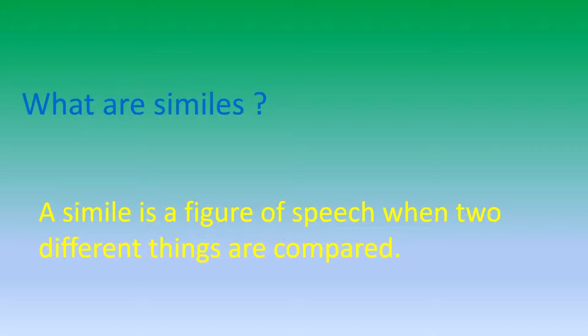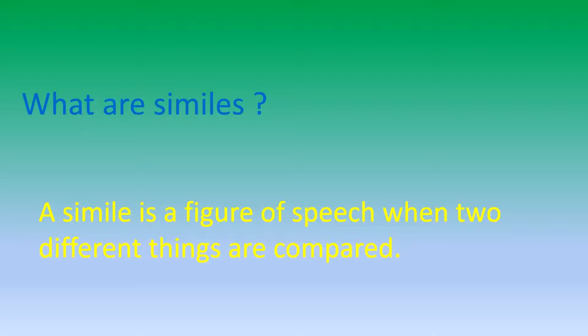Suppose you say Rohan is very tall. That is a straight way of saying it. But if you say Rohan is as tall as a giraffe, that makes it more interesting. So we use these kind of similes to make our language interesting. So now what are similes?